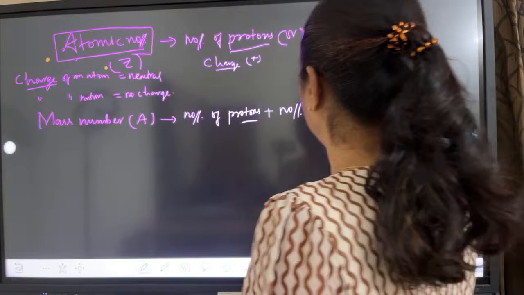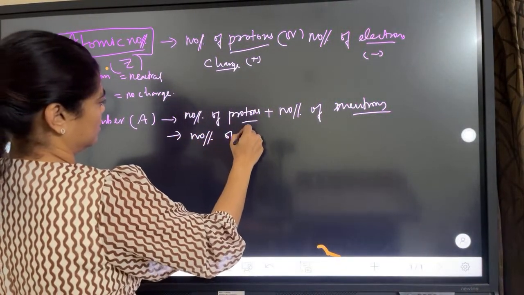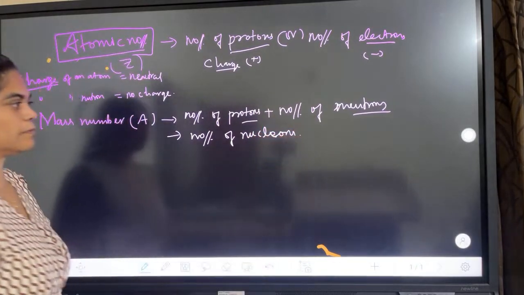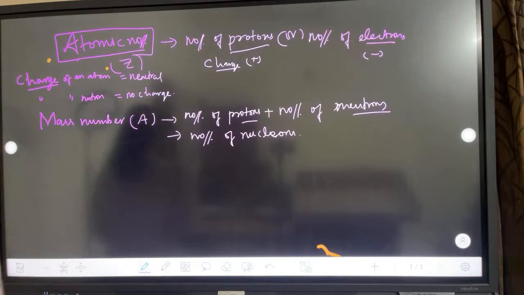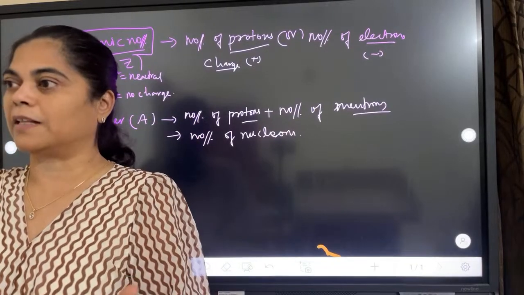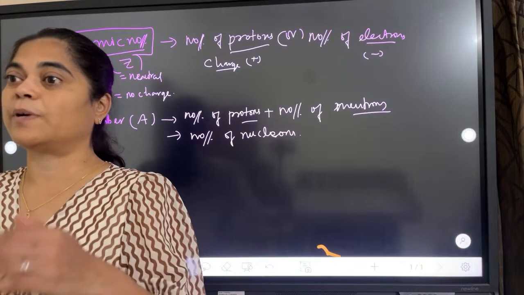We usually call this the number of nucleons. The protons and neutrons are present in the nucleus. Nucleons are nothing but the number of protons and neutrons, situated in the nucleus.